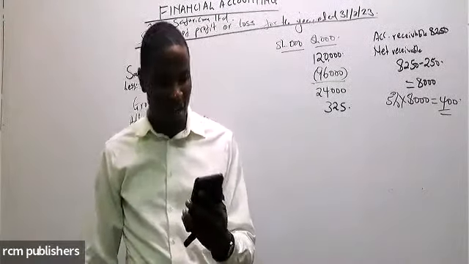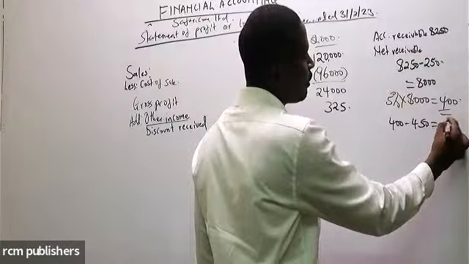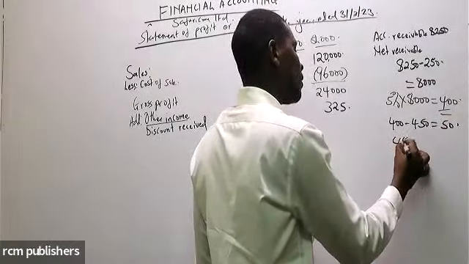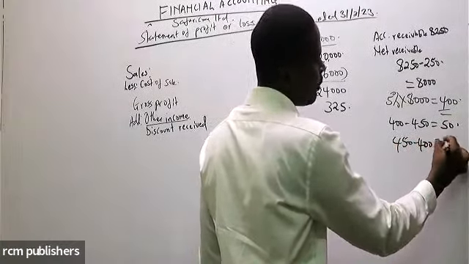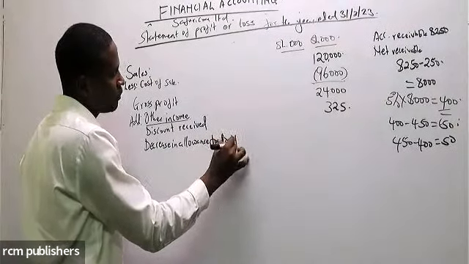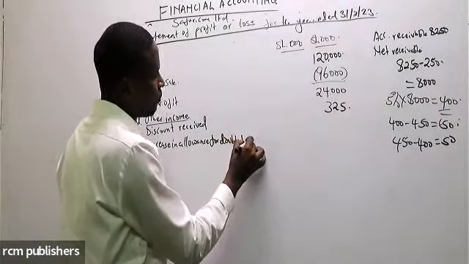So we got 400 and we had 450, so this was a decrease of 450 minus 400. Decrease in allowance for doubtful debt.